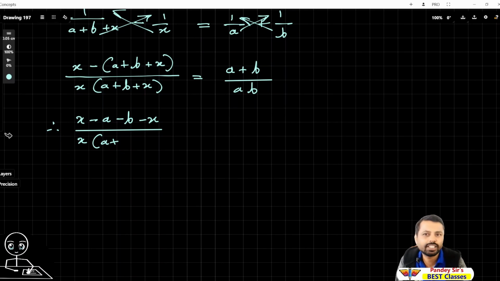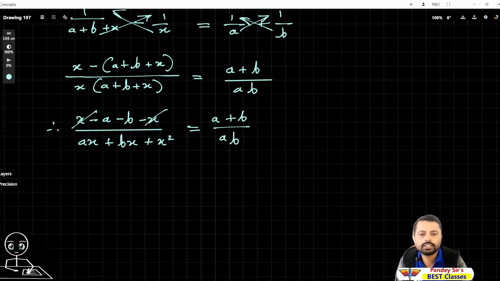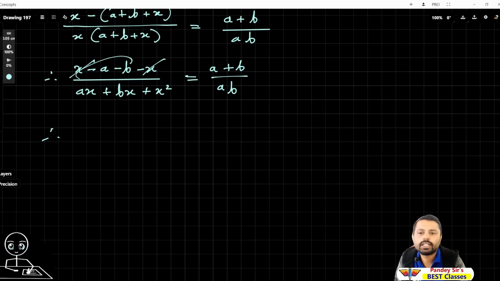Now I will open the bracket directly. So it will become ax plus bx plus x square equal to a plus b by ab, and x cancels. Therefore I'll take minus common over here.